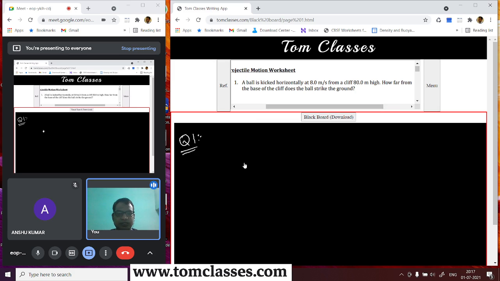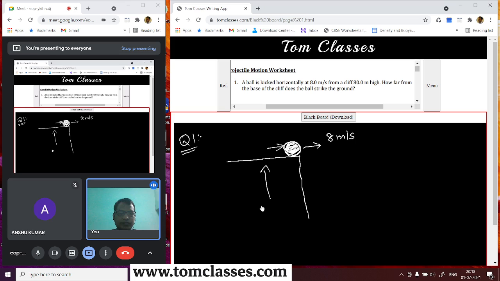Let's try to work on this. There is a ball that has been kicked from a cliff, right? So let this be the ball. It has been kicked, so the horizontal component is 8 meters per second, right? And the height is 80 meters, right?